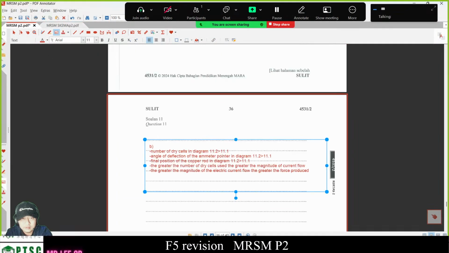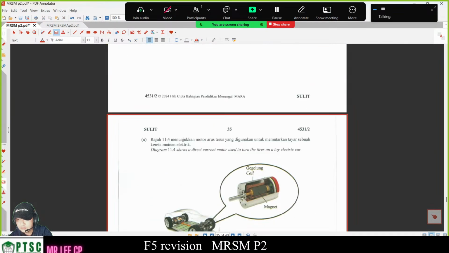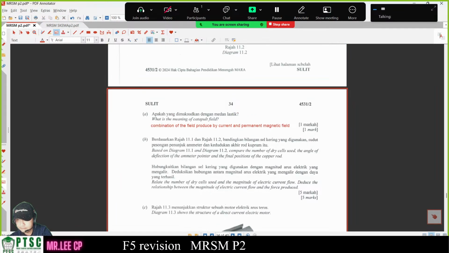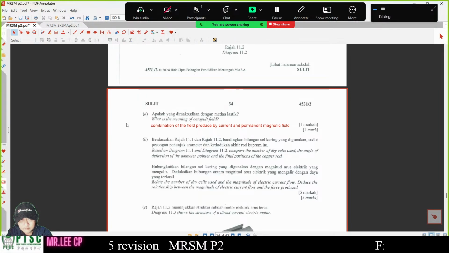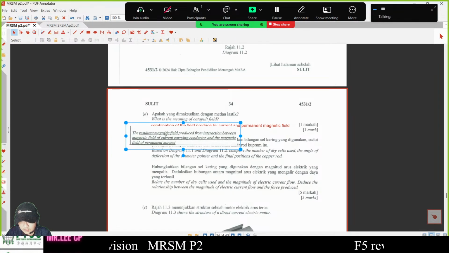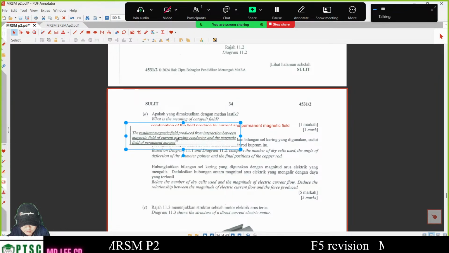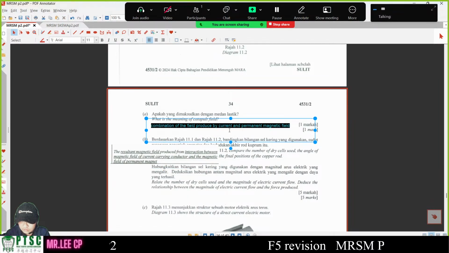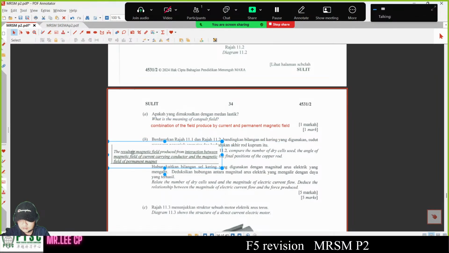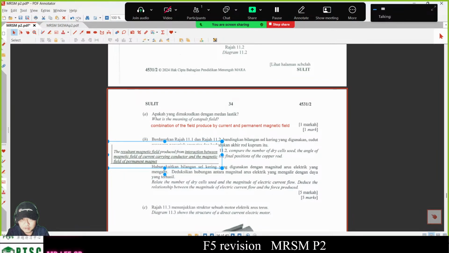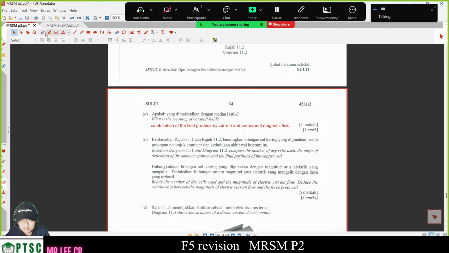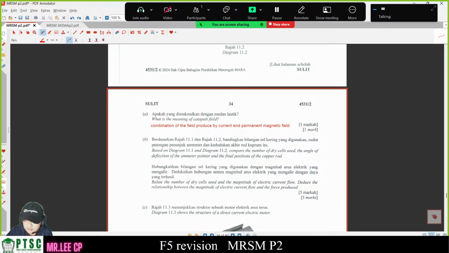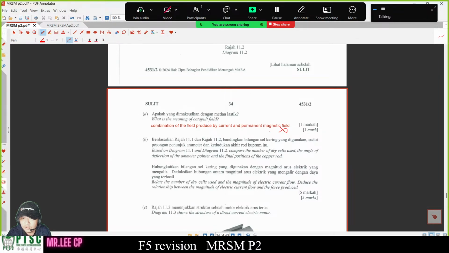Okay, so this is the answer: the resultant magnetic field produced by interaction between the magnetic field of the current carrying conductor and the magnetic field. So if I write it in this way, it will be no mark. Be careful. This one I marked myself wrong. Okay, never mind.